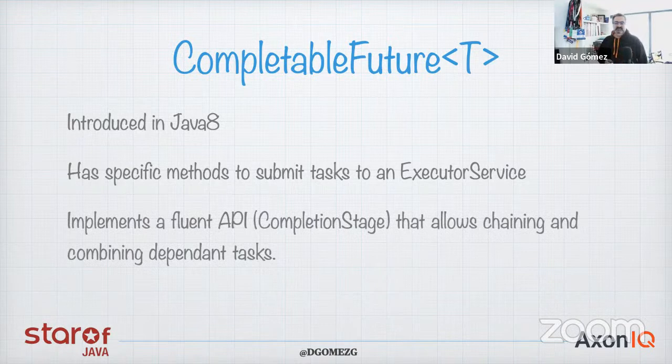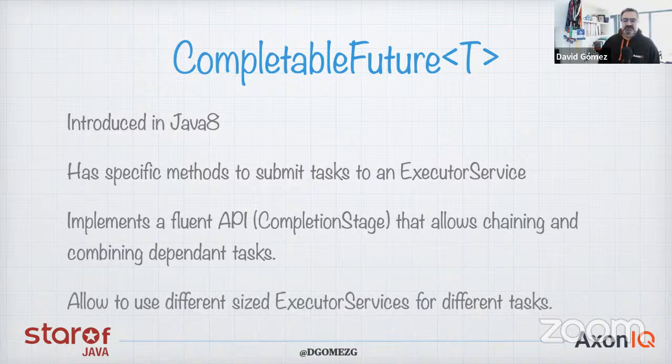And that way is a fluent API defined in another interface, which is the CompletionStage. That's the interface that allows us to submit the tasks, relating them to each other, so that we can specify where the input for a task should be taken from, the result of a previous task.